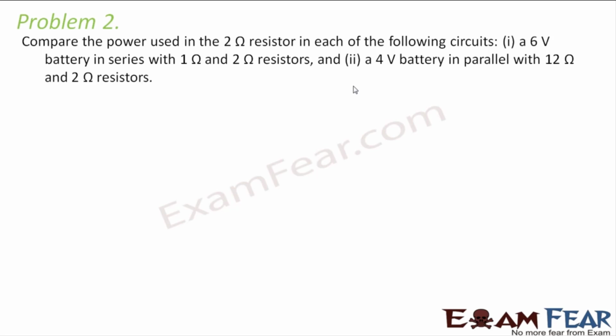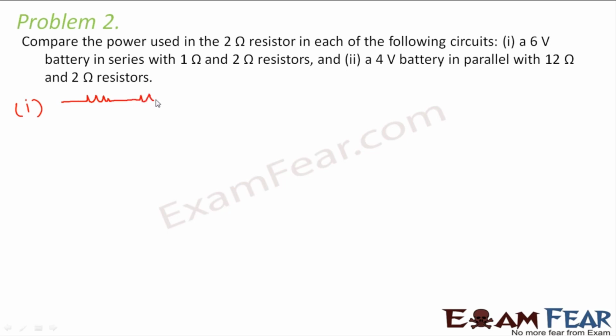It says, compare the power used in the 2 ohm resistor in each of the following circuits. The first circuit is a 6 volt battery in series with 1 ohm and 2 ohm resistors. So how will the circuit look like? Let us look at the first part first.